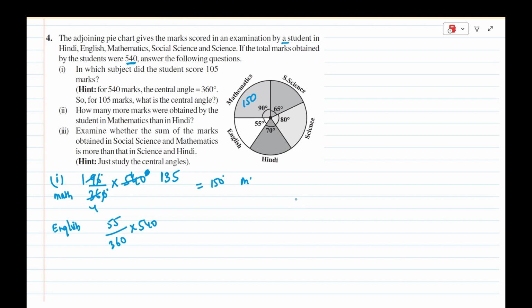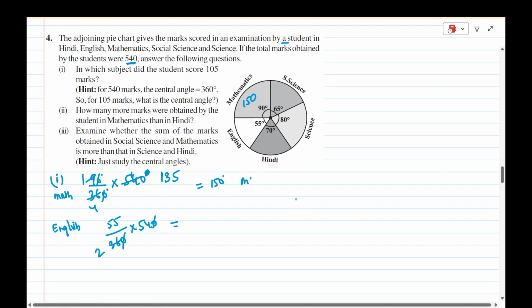Sorry, the marks obtained by a student in each subject. That's what we are calculating here. So 0 and 0, 18 twos are 36, 18 threes are 54. So if you multiply 5 threes are 15, 16 divided by 2, which is 82.5.